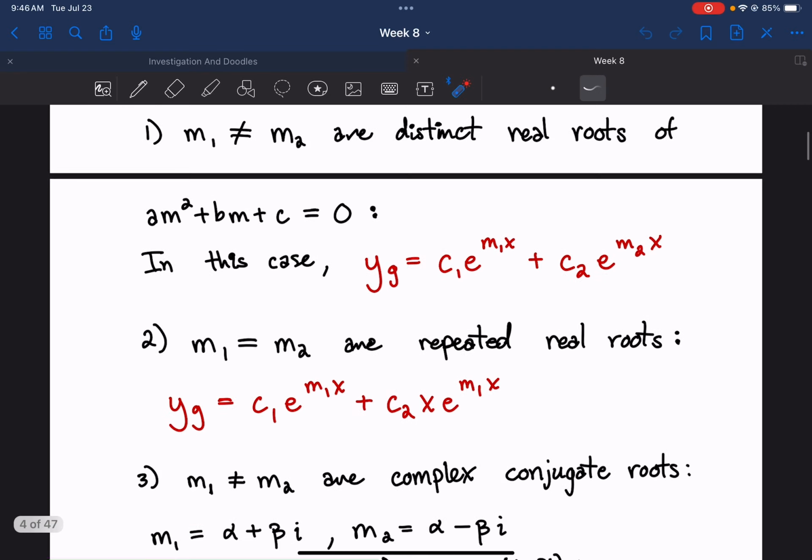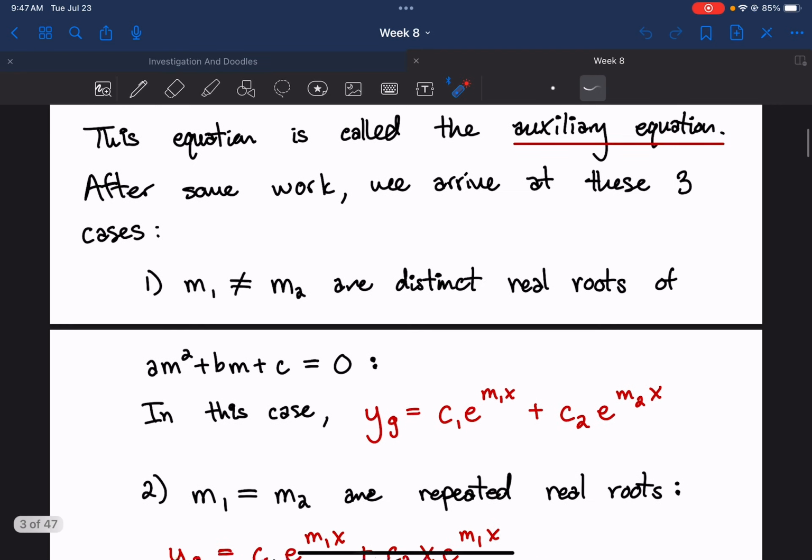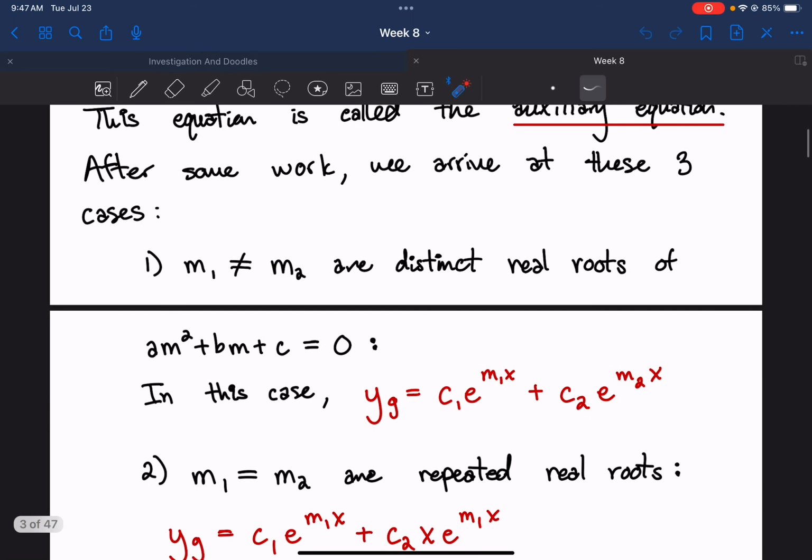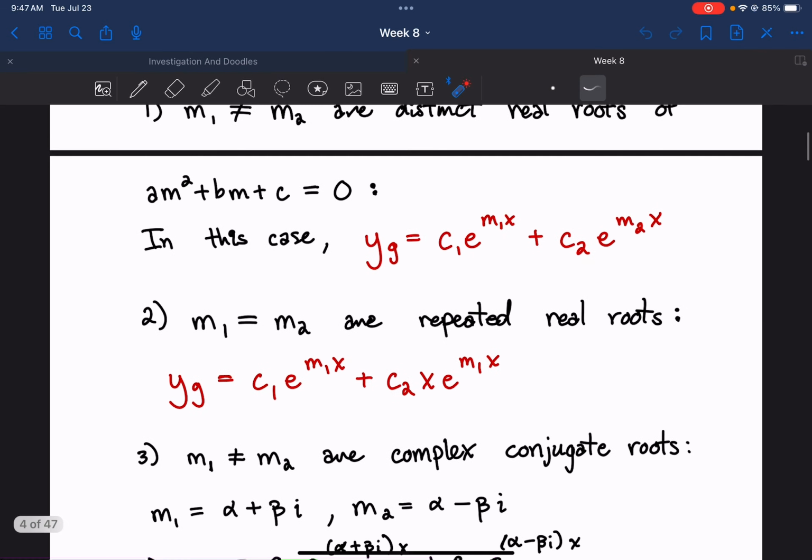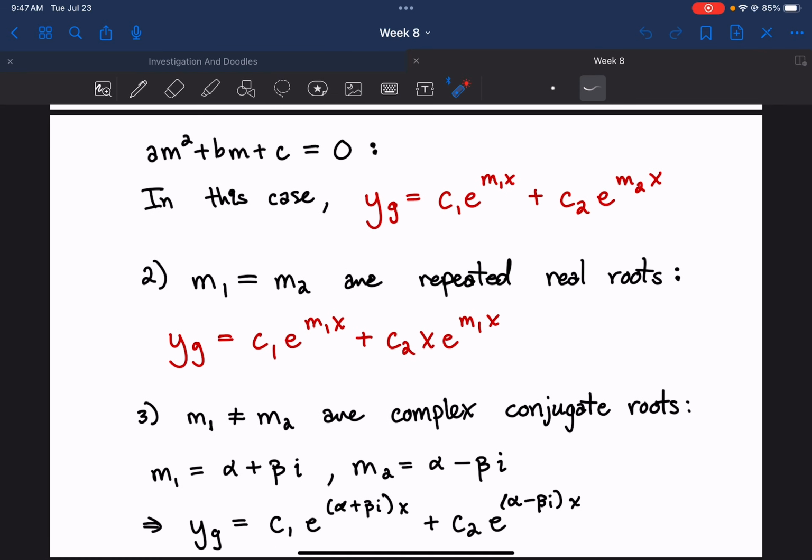If m1 and m2 are repeated real roots, so for example, the roots of this polynomial might be -2 and -2, -2 twice, then the general solution is c1 e^(m1 x) plus c2 x e^(m1 x). So we add an x to the second term to make it linearly independent.